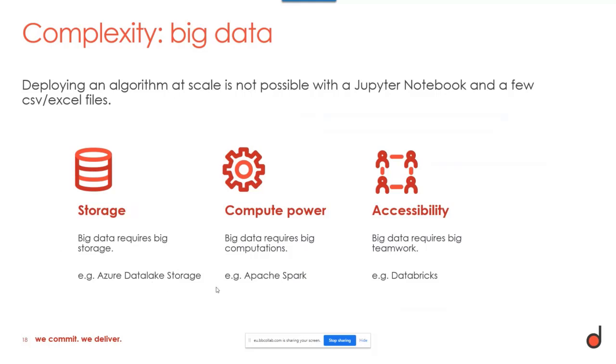Because we're dealing with big data, we need fast computations to detect leaks fast enough, so we use Spark. And for accessibility, since we're working with quite a big team, we use Databricks to collaborate and develop together.